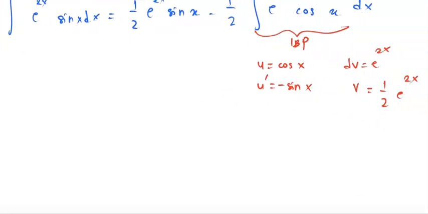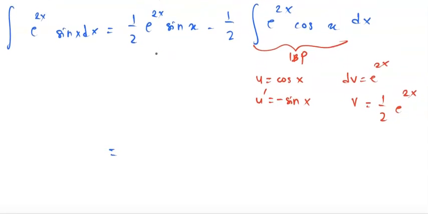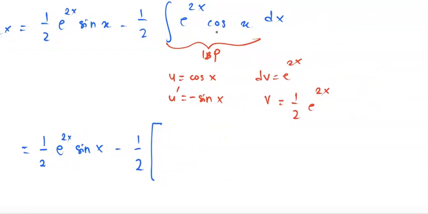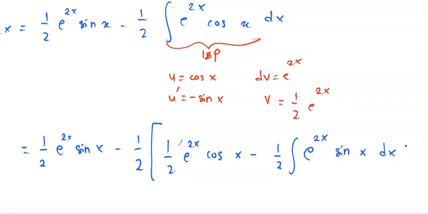Now put back inside this equation, because this IBP is just for this integration, so you have to combine all of them together. So 1 over 2 e to x sin x minus 1 over 2, times the integration of this function, which is e to x cos x minus the integration of e to x sin x.